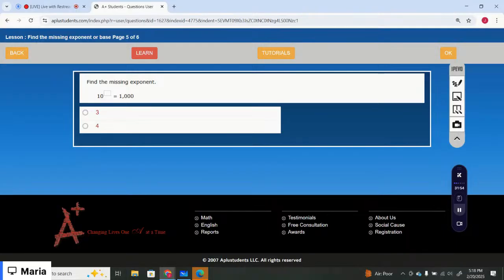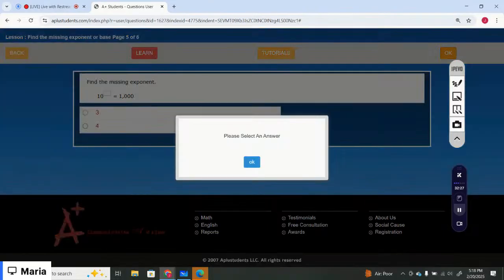Find the missing exponent. That is 10 exponent 3. Option number 1 is the correct option.